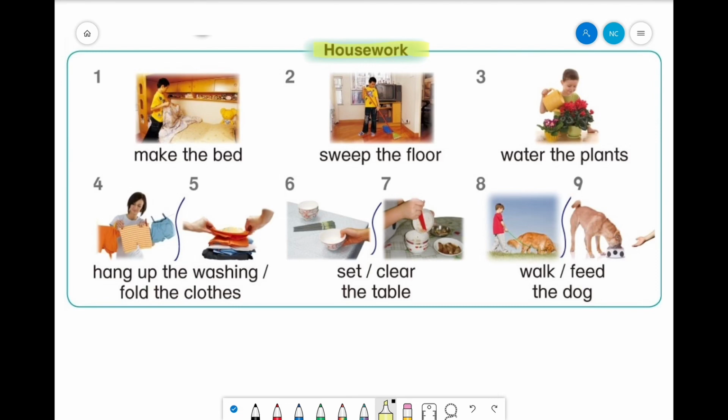When we talk about housework, doing housework, there are normally two parts in a phrase. The first part is the verb, the action word.